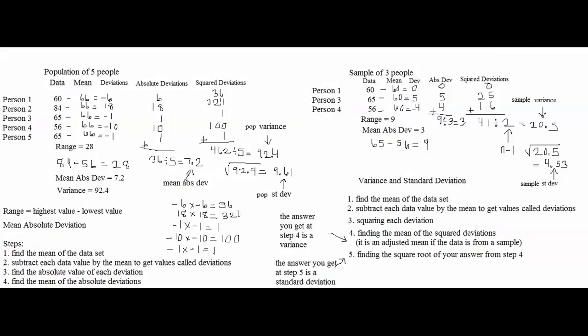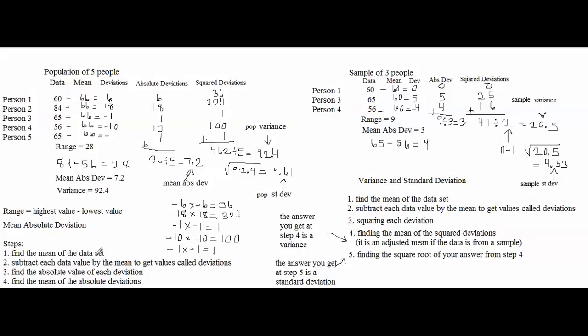Actually, if you're reading journal articles about the results of psychological studies, the only value out of these 4 values that you'll usually see is the standard deviation. You'll usually see the mean and the standard deviation together. So the standard deviation is what's almost always used to measure spread in psychological studies.